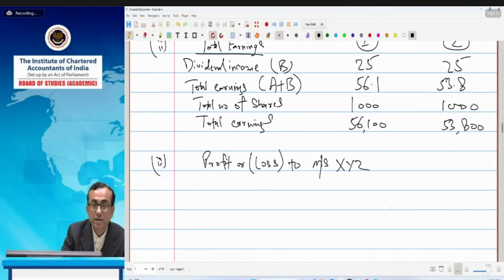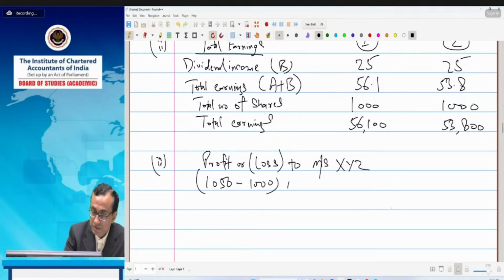Loss I have indicated in the bracket. So it will be 1050 in scenario 1, scenario 2. 1050 minus 1000 in scenario 1, and 1000 minus 940 in case of scenario 2.